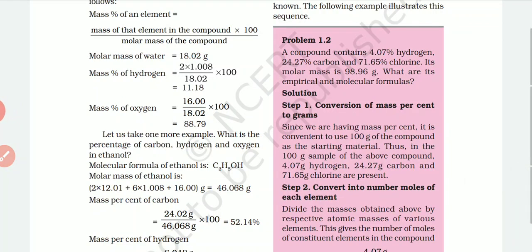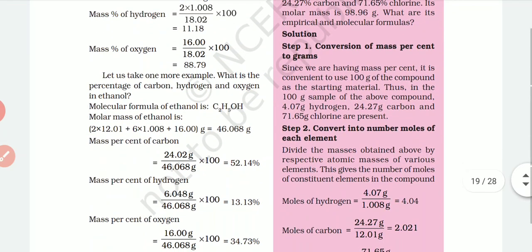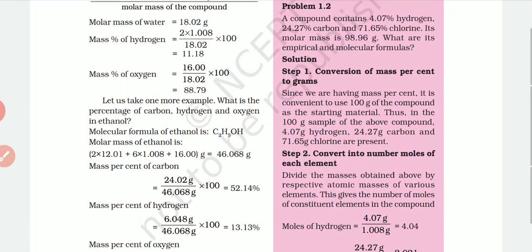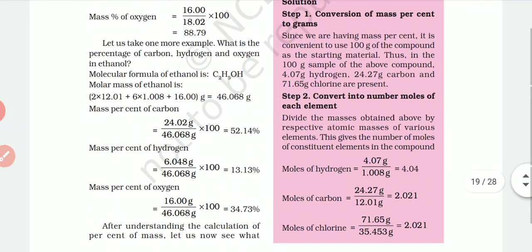We get, in 100 gram, 4.07 gram of hydrogen, 24.27 gram of carbon and 71.65 gram of chlorine is present.